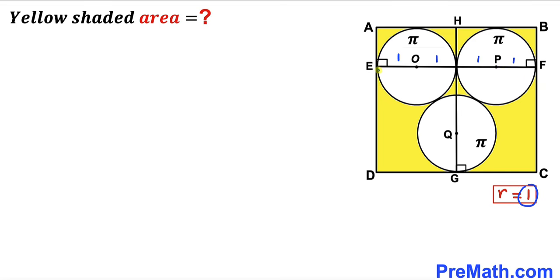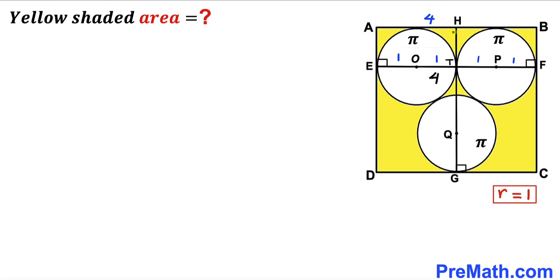So the total length of this EF is going to be 1 plus 1 plus 1 plus 1, which gives us 4 units. And we know that this side length of this rectangle AB is equal to this length EF. We know this length is 4. So the AB length has got to be 4 units as well.